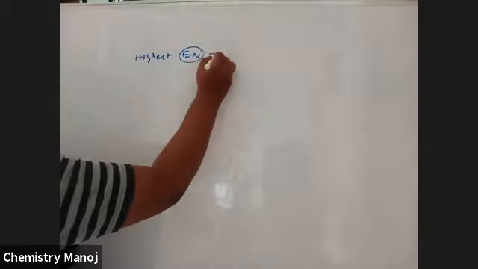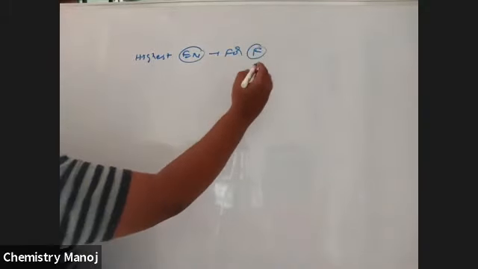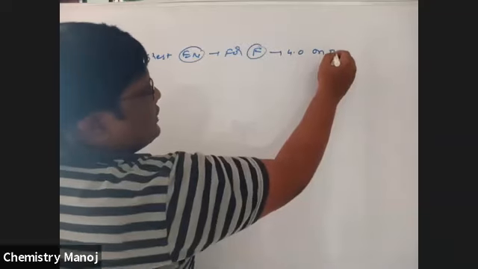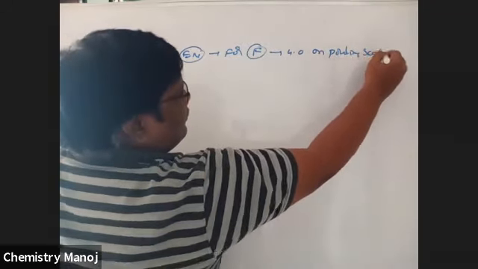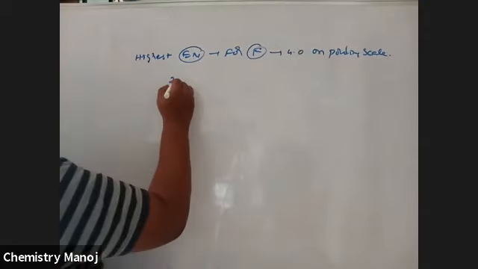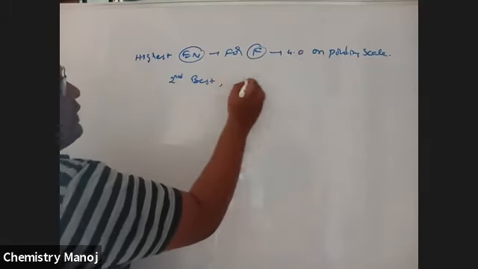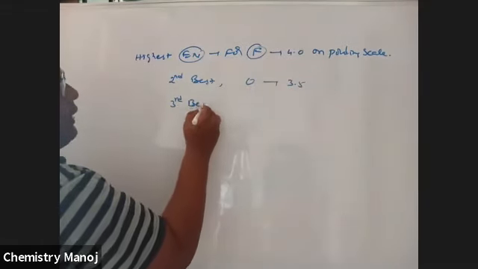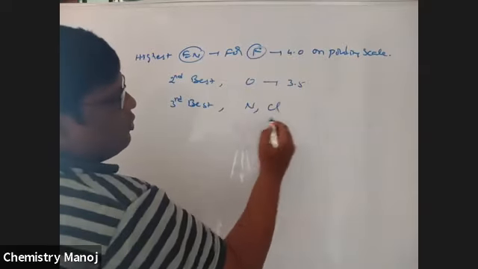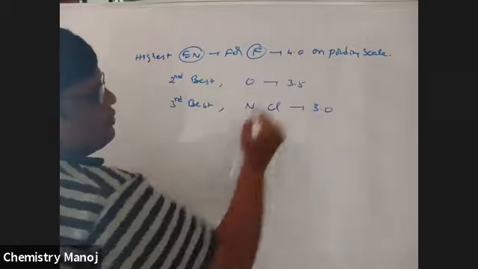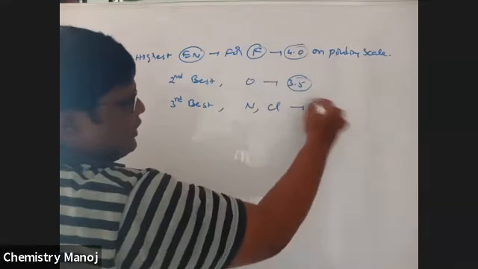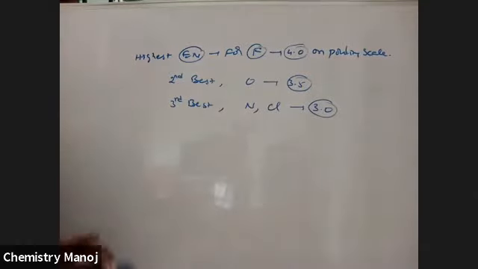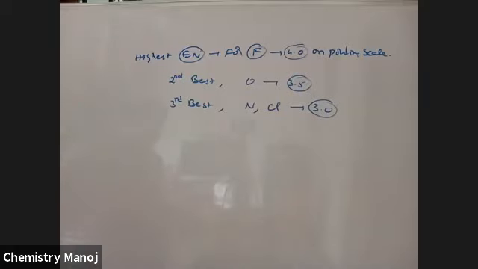The highest electronegativity is for fluorine, its value is 4.0 on the Pauling scale. The second best is oxygen, its value is 3.5. The third best is nitrogen or chlorine, their values are 3.0. So it is 4.0, 3.5, 3.0. All these values are with respect to hydrogen. Hydrogen's value is 2.1, and then these values are like this.